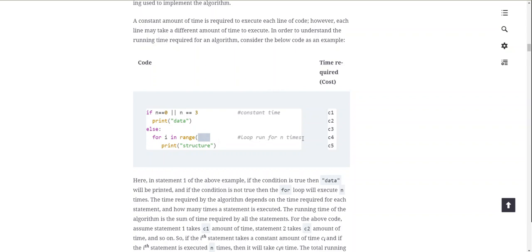So that would be constant. So this C here is the cost. I can go through and say, the cost associated with this, constant. Cost associated with this, constant. How many times do I do this? Constant. Doesn't change with n.